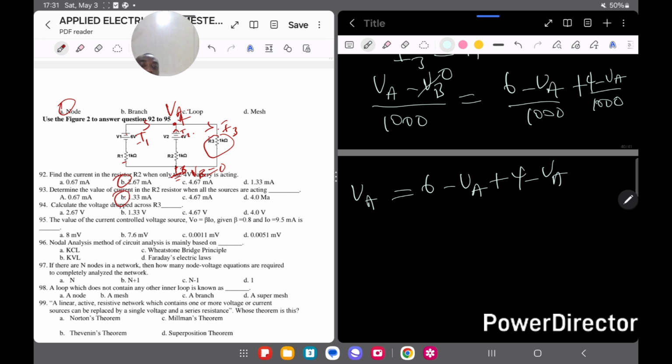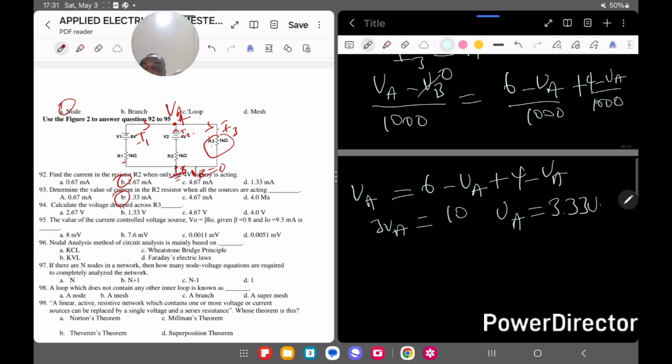So we solve for VA, and this is going to give us 3 VA equals 10. So VA here is going to be equal to 10 divided by 3, that will be 3.33 volts. And this is the answer.